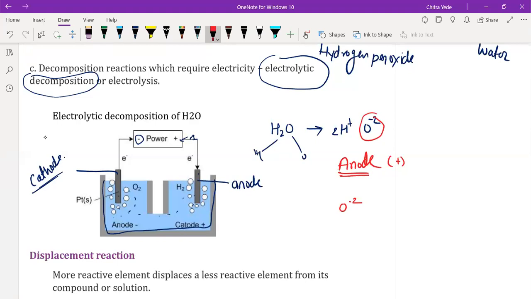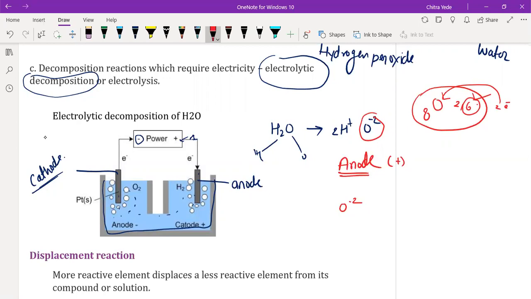See, why have we written O2 minus ion? Because oxygen has a total of 8 electrons, so its electronic configuration will be 2 and 6. The octet rule says that to acquire stability, an element must have 8 electrons in its outermost shell, but in this case oxygen has only 6 electrons in its outermost shell, so it will gain 2 electrons.